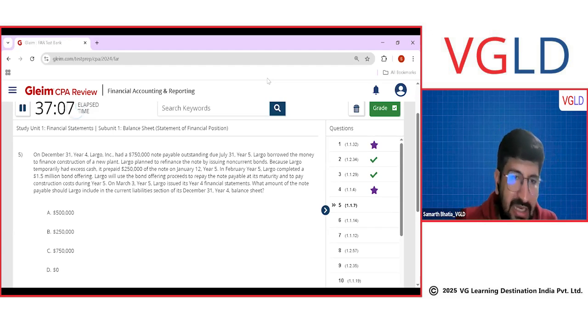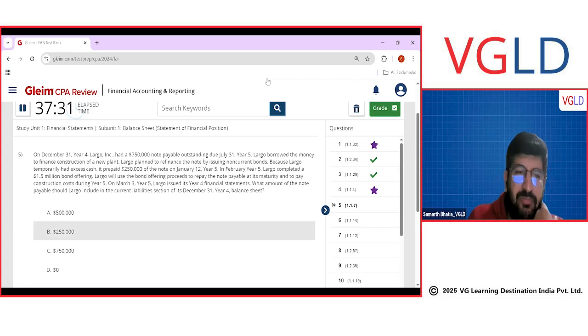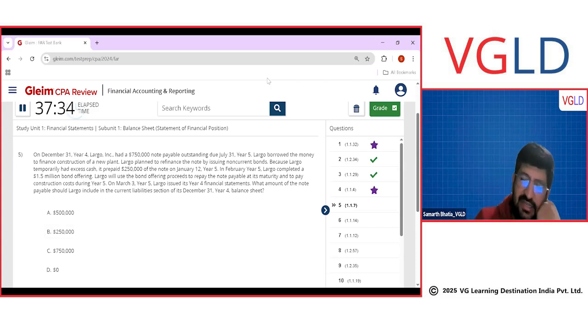Because Largo temporarily had excess cash, it prepaid 250,000 of the note on January 12, year 5. In February, year 5, Largo completed a 1.5 million bond offering. Largo will use the bond offering proceeds to repay the note payable at its maturity and to pay the construction cost during year 6. What amount of the note payable should Largo include in the current liability section of its December 31, year 4 balance sheet?